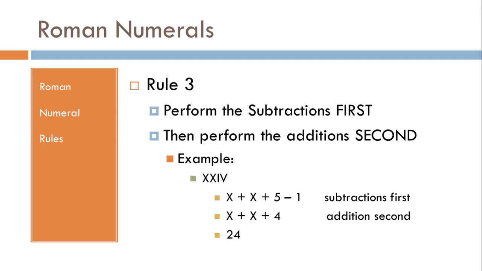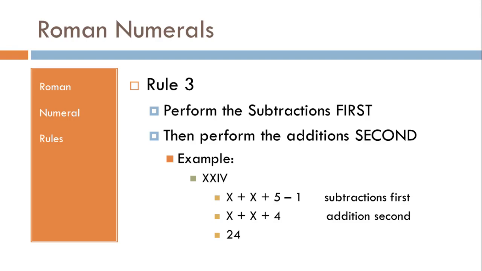So now we're going to do the subtractions first. XX is 20, 5 minus 1 is 4, so XX plus 4 equals 24. Notice we didn't add 10 plus 5 anywhere in there. We do the subtractions first, 5 minus 1, and then the additions second.